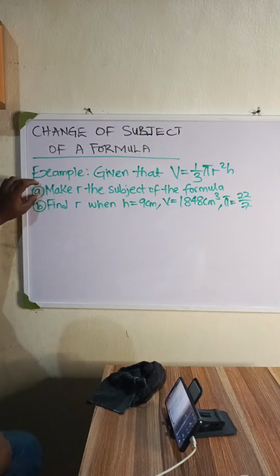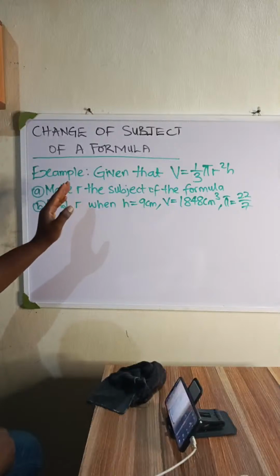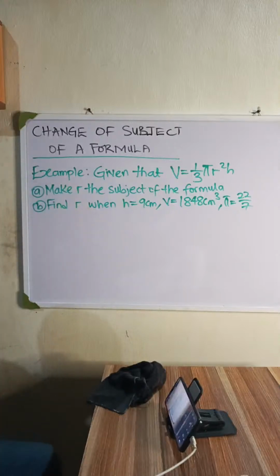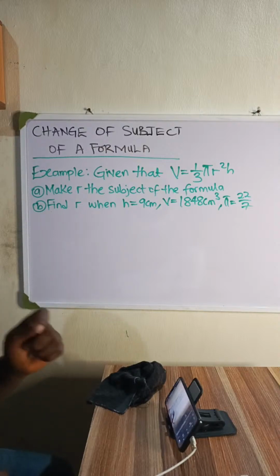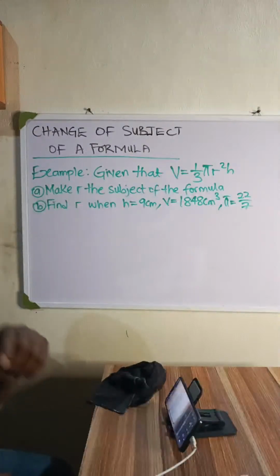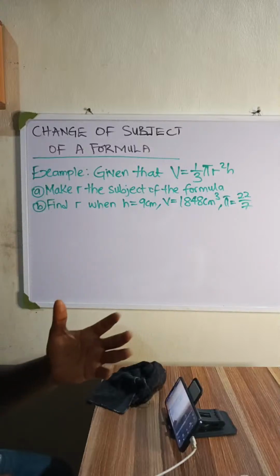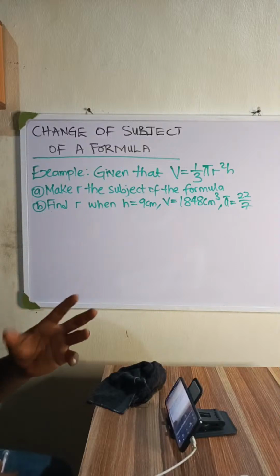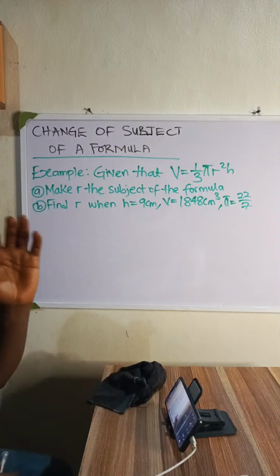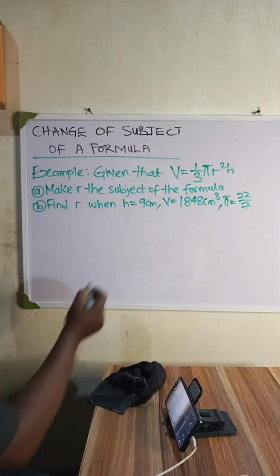So we need to work on A first. A says we should make R the subject of the formula. That's the first thing we need to do. Remember, from our previous class, the subject of a formula is the value you are trying to calculate, and it is usually found alone on the left side. Okay, so let's look at this.